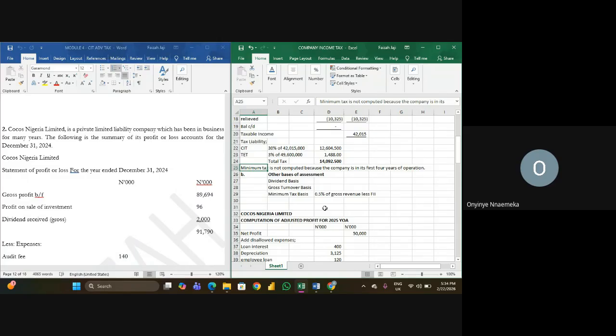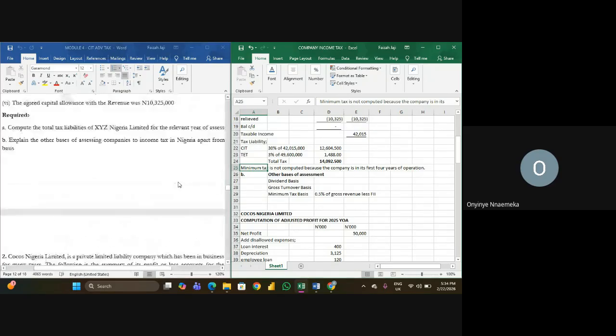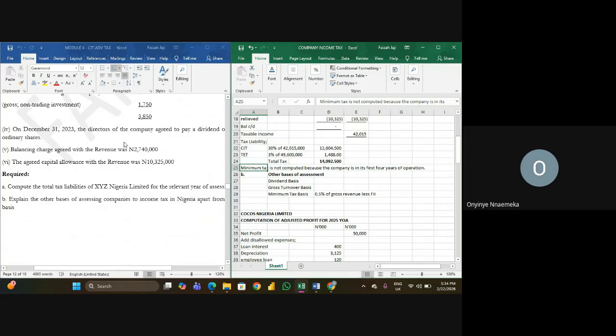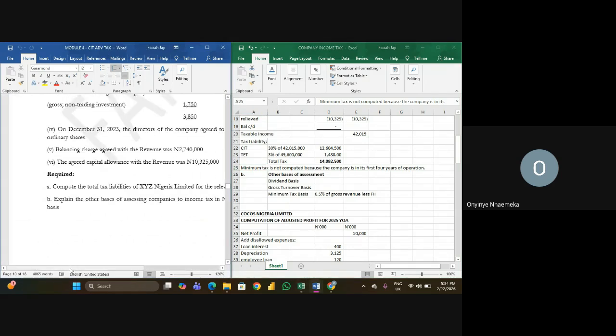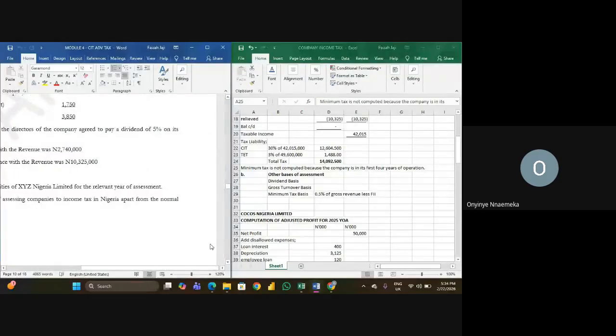Like for this question, if you want to do the dividend basis, we have the dividend because they wrote here that directors agree to pay dividend on what? 5% of the shares. If 5%, all you need to do is calculate the dividend that they want to pay and do what? 30% of the dividend. That's all. There'll be indications. So if you want to explain this one, you can calculate it for them to see.